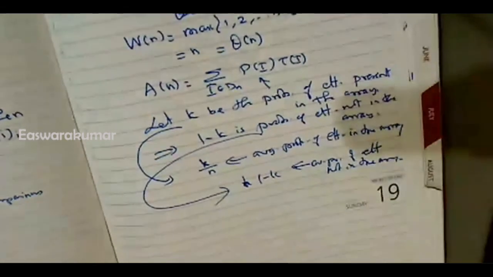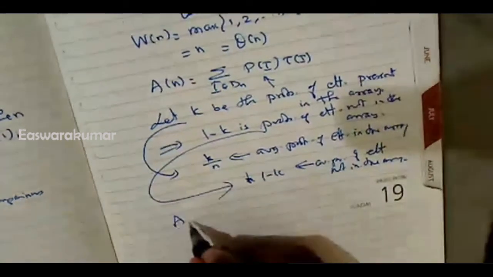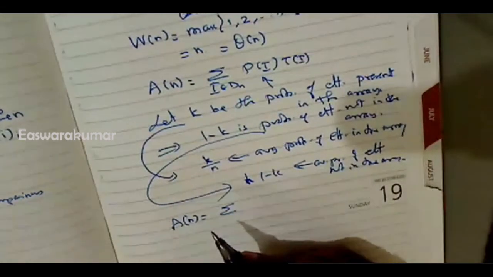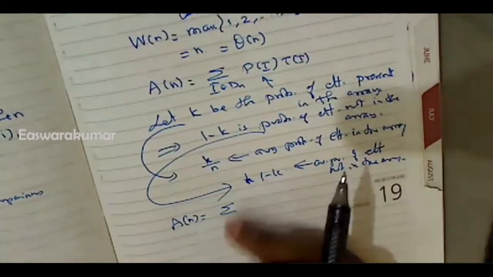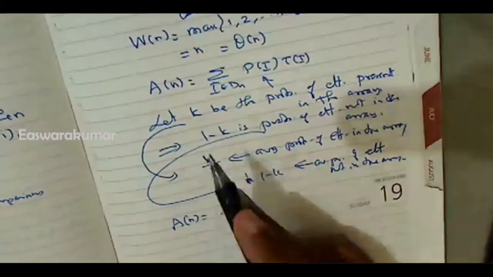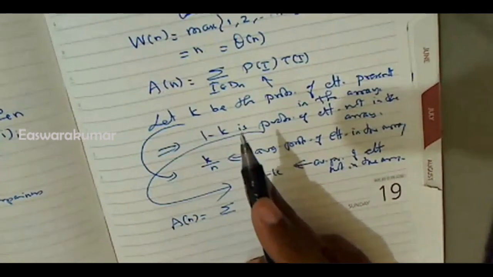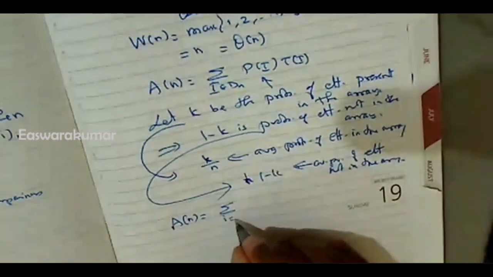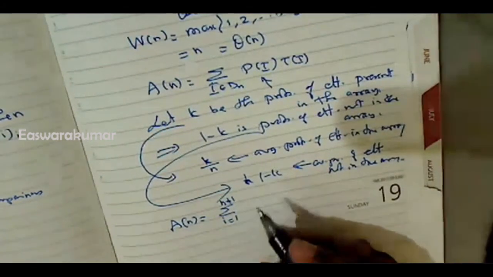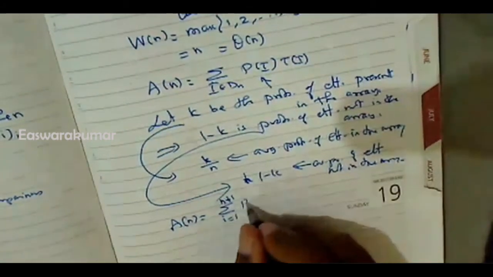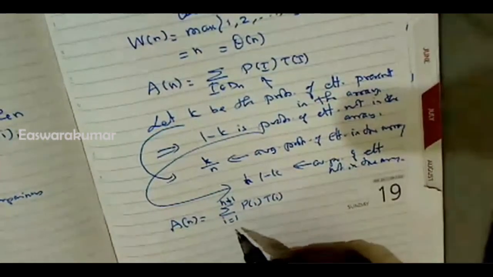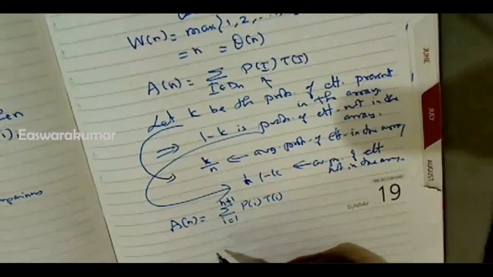Now we can derive the average case. Average case A of n is equal to sigma. Here, based on the element position, we have to write it instead of I belongs to Dn, because our instance is element in the array, and where it is. So it is sigma I equal to 1 to n plus 1, P of I, T of I. Why up to n plus 1?